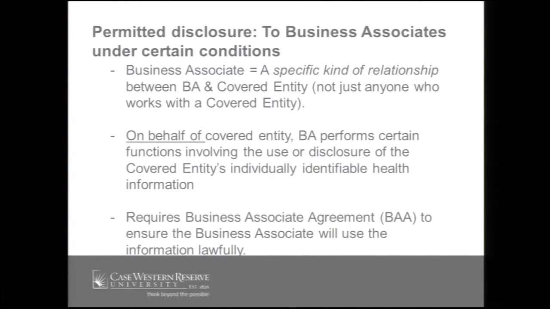Covered entities have the duty to ensure that business associates use that disclosed PHI in accordance with HIPAA. So HIPAA requires the covered entity to request a contract called a business associate agreement. And that agreement specifically sets forth the business associate's responsibilities and how they care and manage that PHI, including privacy safeguards and security safeguards too.